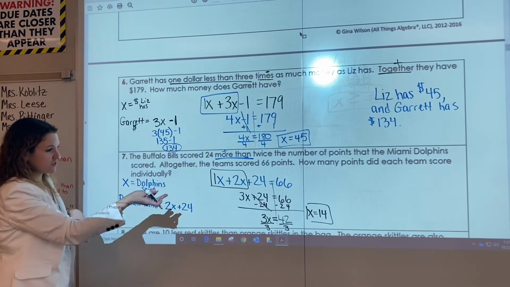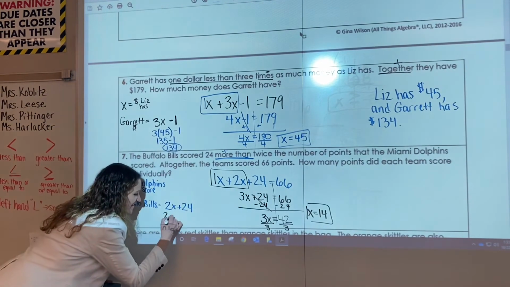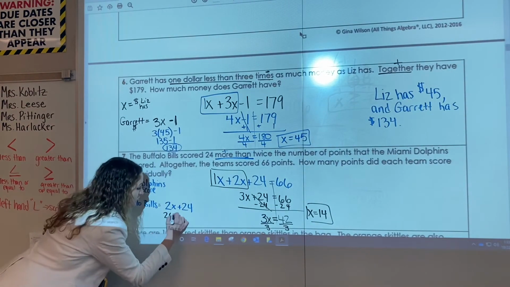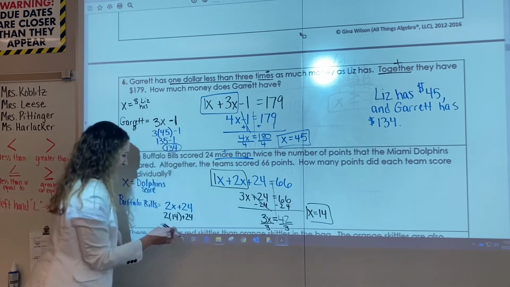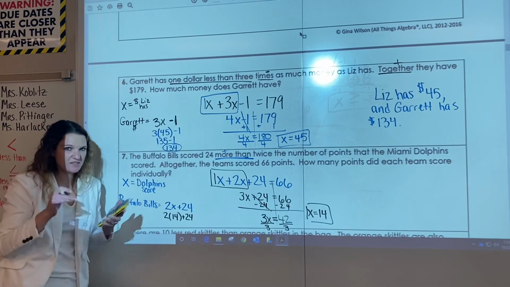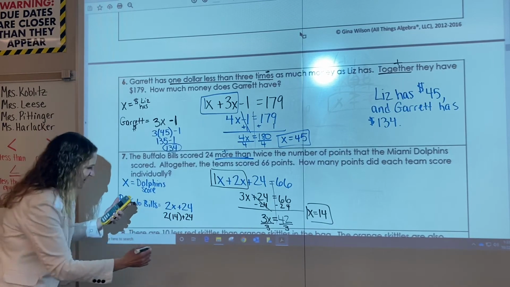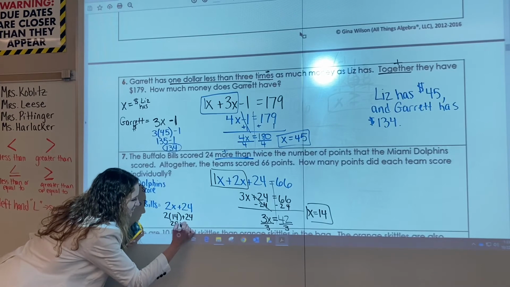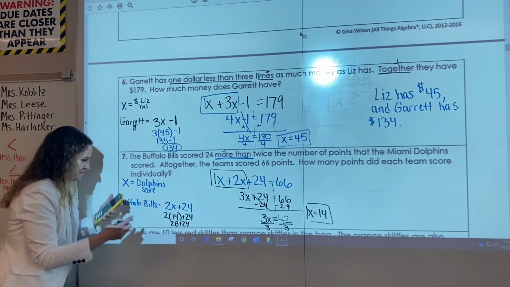So I know the Dolphins scored 14, and I can see that the Bills are going to be scoring a lot more than that. So I'm going to substitute in 14 for my x here. I'm going to multiply by 2 first because of PEMDAS, parentheses, exponents, multiplication, division, addition, and subtraction. Right here I'm going to get 28 plus 24, and that gives me 52.